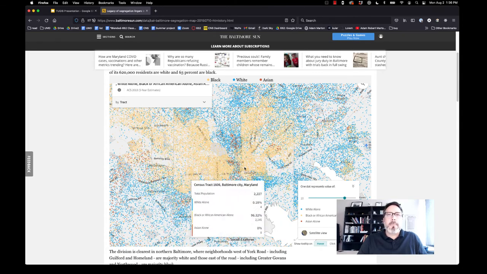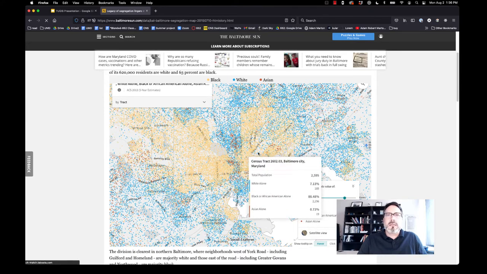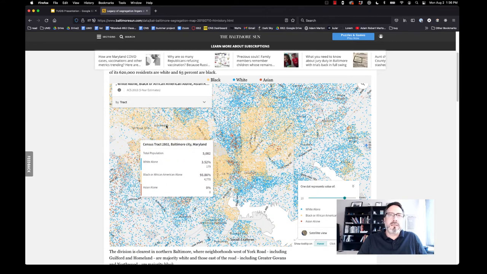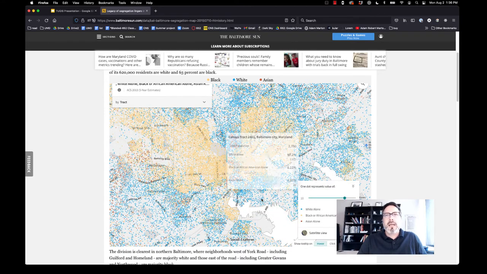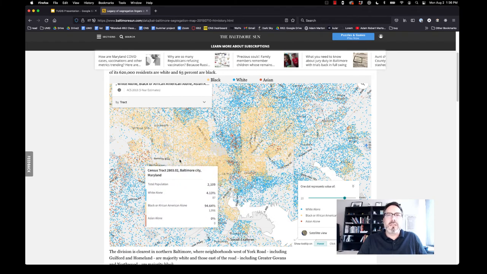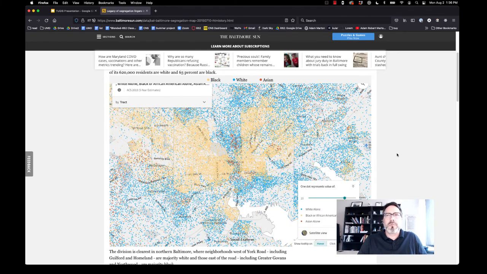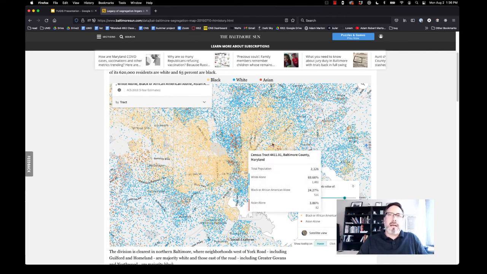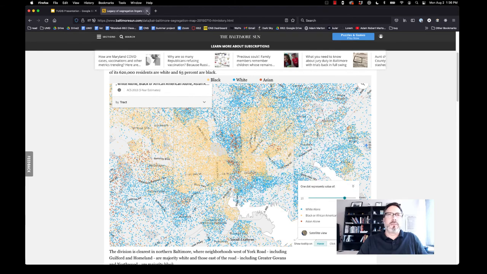Baltimore's black butterfly goes out into East and West Baltimore and sort of spans into the suburbs. And then we can also identify little pockets of Asian communities throughout Baltimore. Right, so by itself it tells a really interesting story on a meta level, but then also allows you to dive in a little bit deeper to find stories of your own.